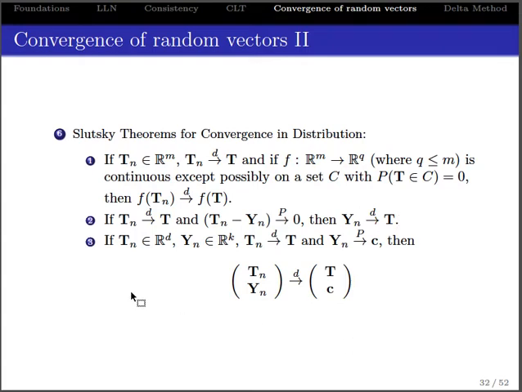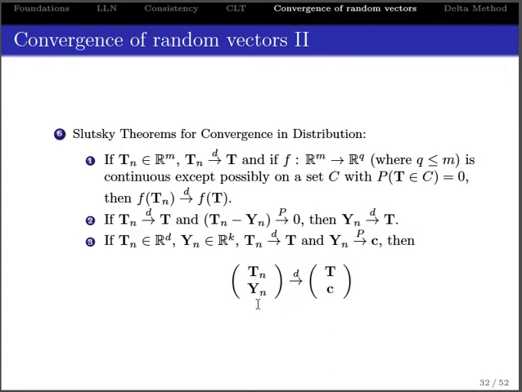This last one is what I would call the Slutsky stack-em-up theorem, which is that you've got Tn and Yn, both random vectors, and what you do is you form a new random vector which is of length d plus k by simply stacking the elements of Tn on top of the elements of Yn.